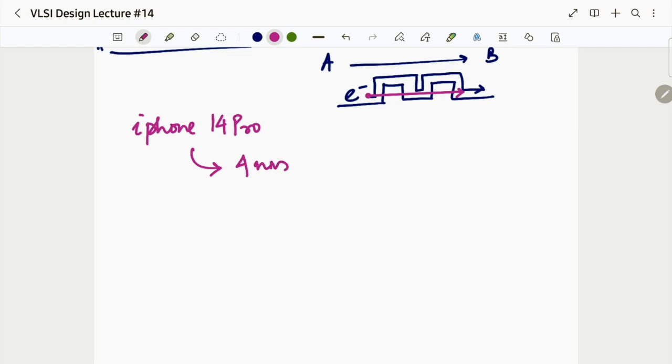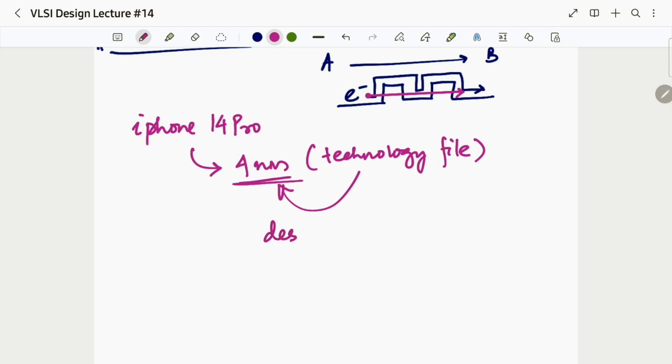Whenever you hear any kind of electronics device wherein they're talking about a technology file, so if you ever come across this word technology file, and beside it they will give you a number followed by a measurement.